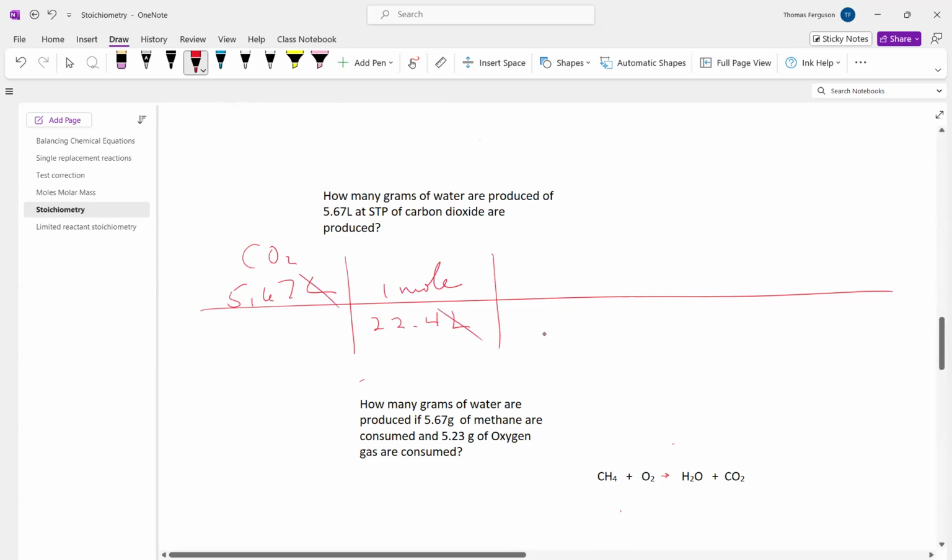Now we have moles of given and want to calculate water, and we're coming from CO2.